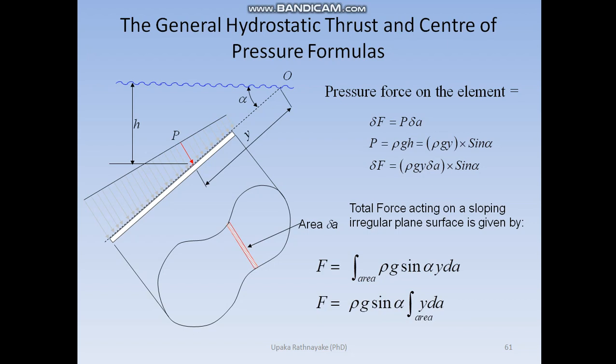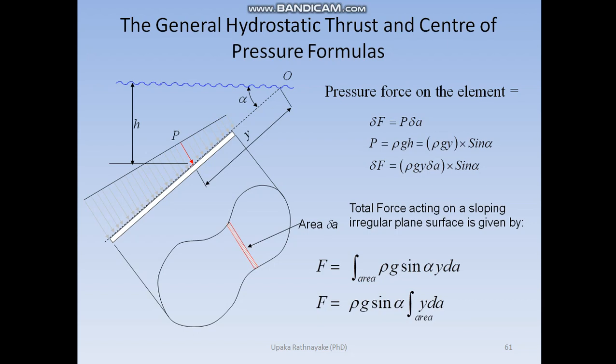Now let us introduce a thickness to this contour and make an area, and we'll call that delta A. Now let us find the hydrostatic pressure force acting on this small area. Now that has to be the hydrostatic pressure into the small area.